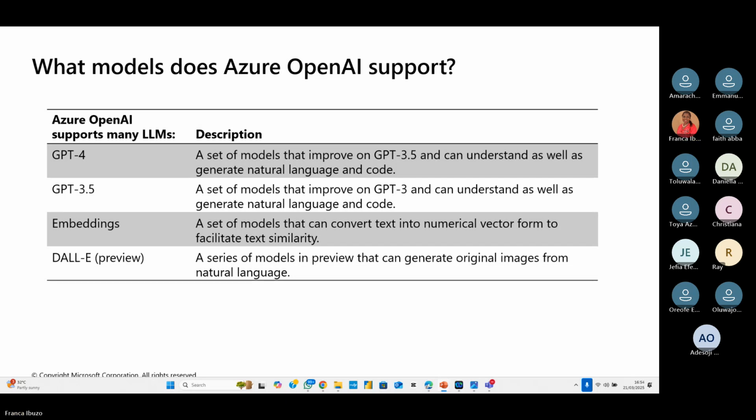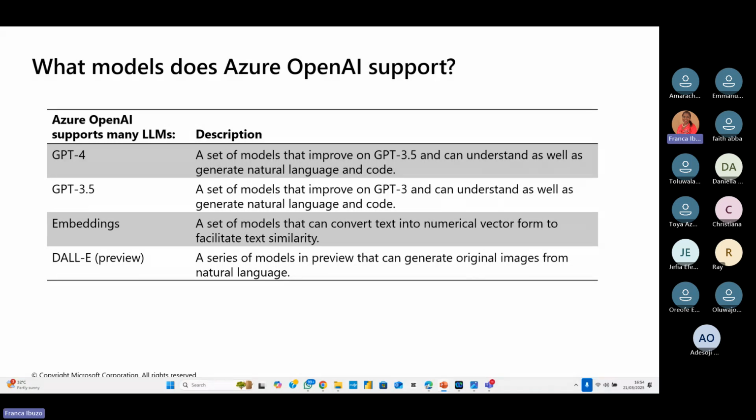GPT-3.5 is a set of models that improve on GPT-3, and can also understand as well as generate natural language and code.